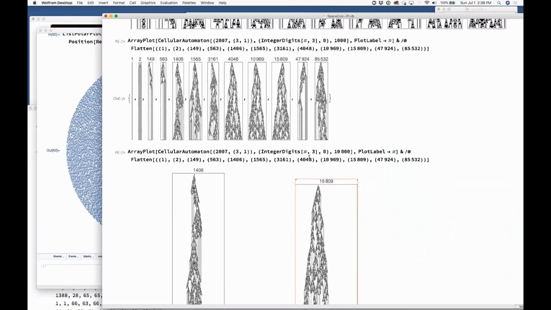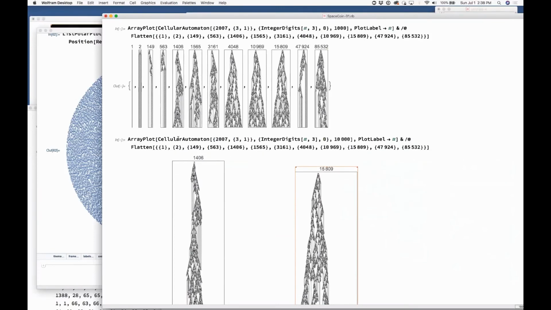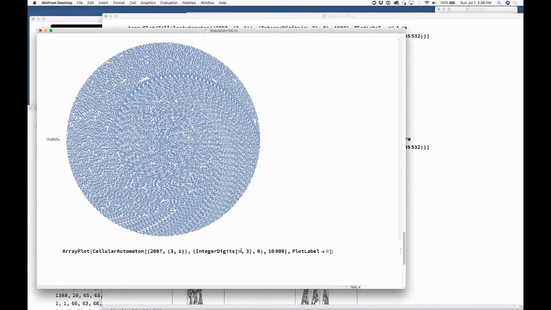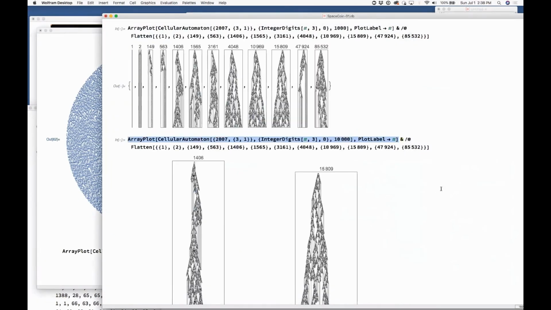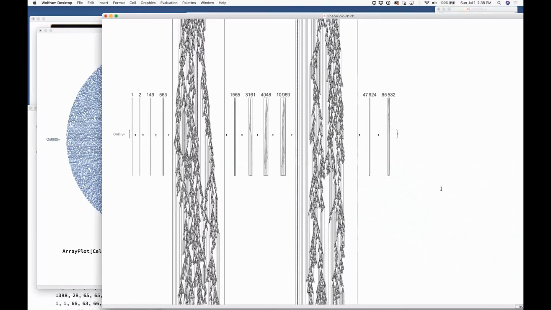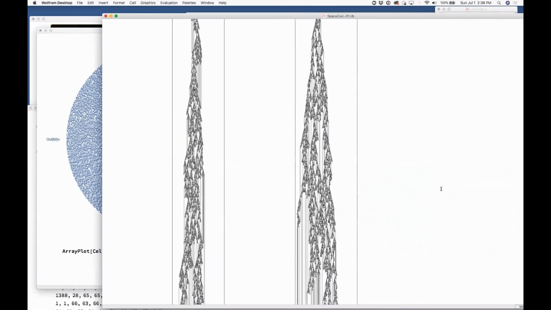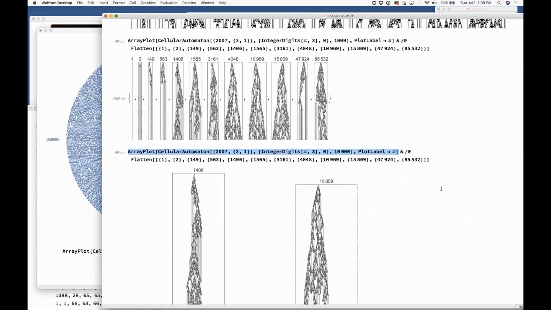Okay, 15809. So this evolution was, let's see, I think our very longest one? What was our very longest one? We had one that went for 10,000 steps.